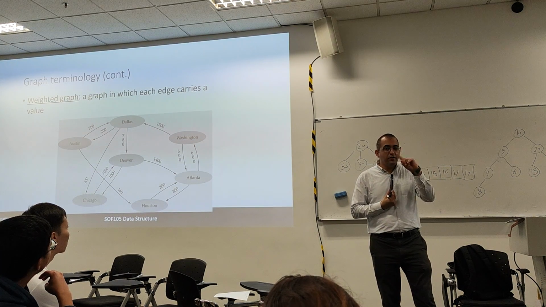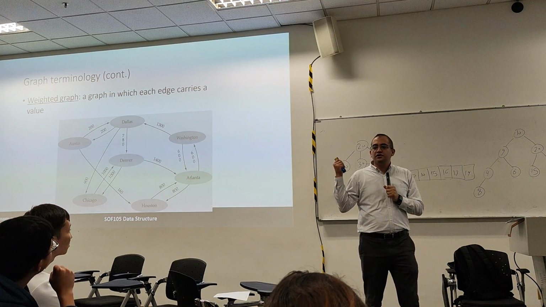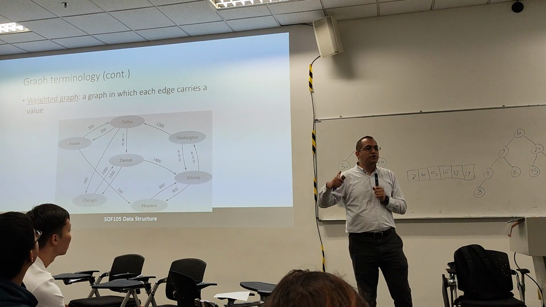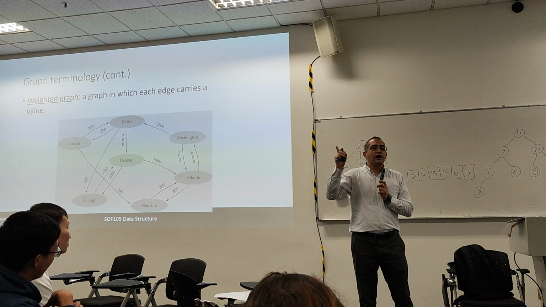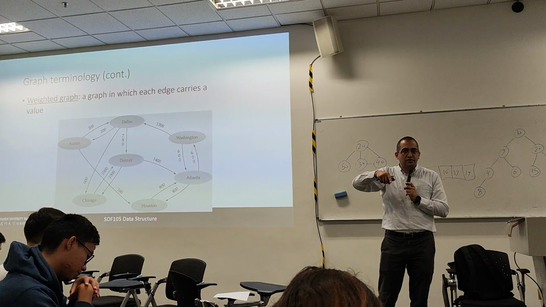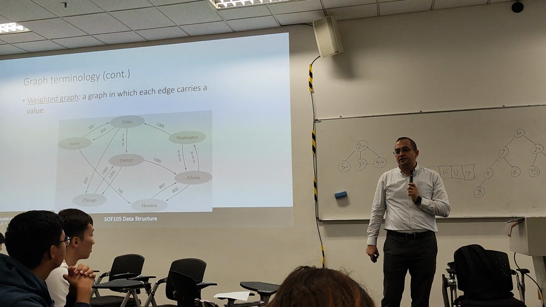So I need to label them. I need to know which one will be city 0, which city 1, which city 2. So I need to design a one-dimensional array. If I put Atlanta at index 0, the first row will be for Atlanta.